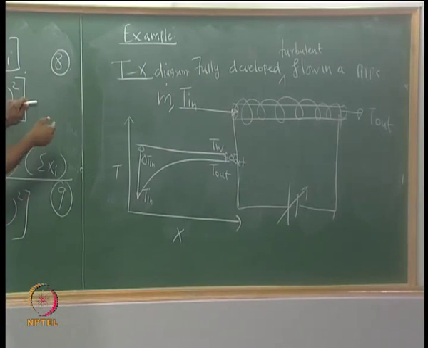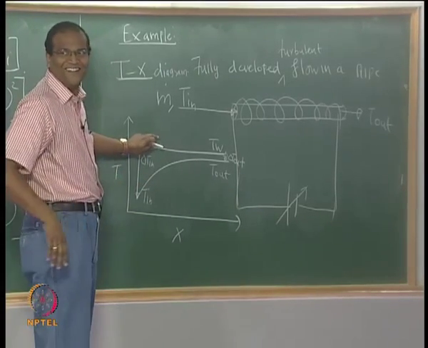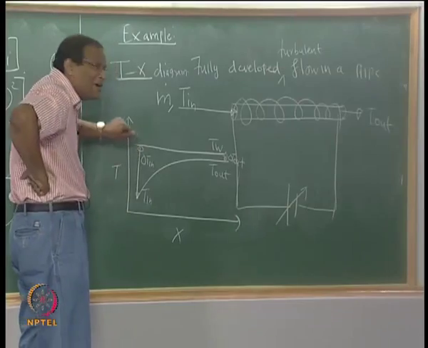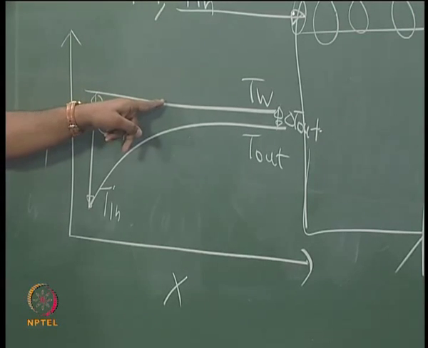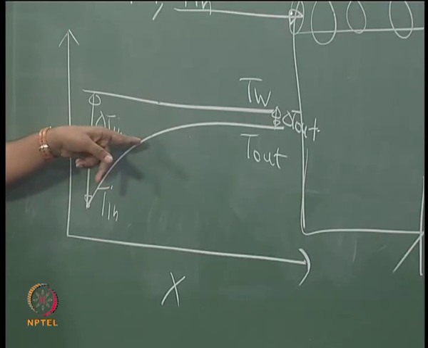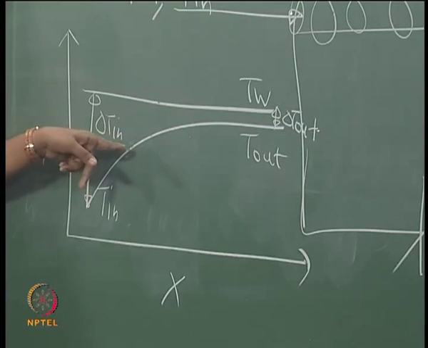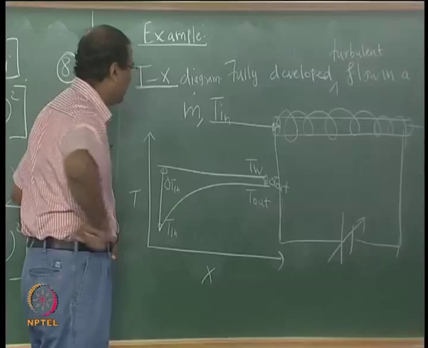I am surreptitiously discussing one question in the quiz. Because one is a straight line and the temperature distribution is exponential, you cannot use an arithmetic mean temperature difference. Therefore it becomes contingent upon you to introduce the log mean temperature difference. What is this log mean temperature difference?